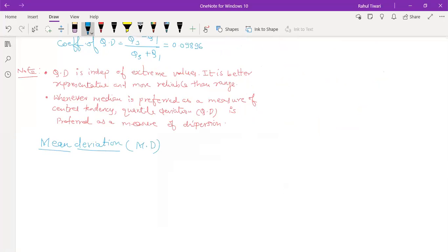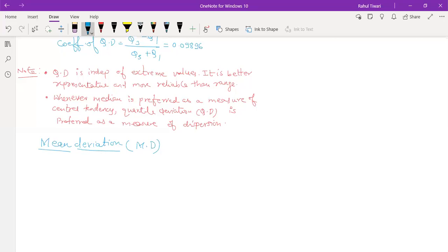So again, there is a new method, but I will not talk about the mathematical expression so much. Importantly, the perspective of taking this method is when you are going to use it. If you consider quartile deviation, you may come across that somewhere we are leaving out some part of the observations.